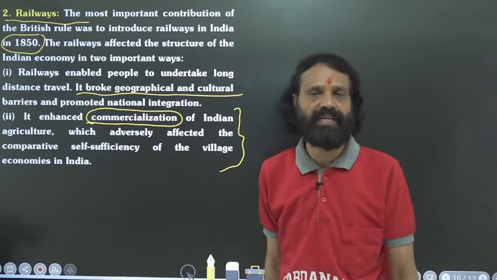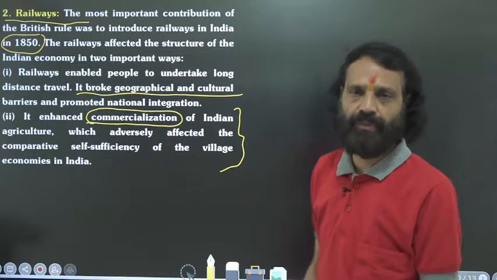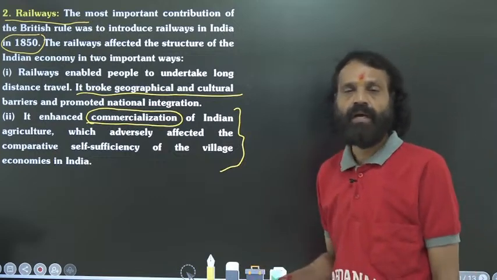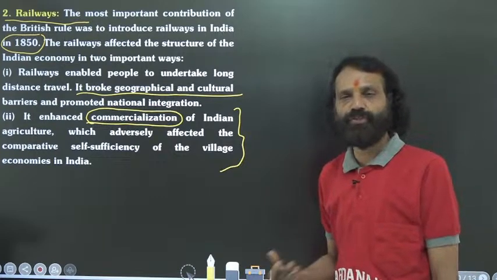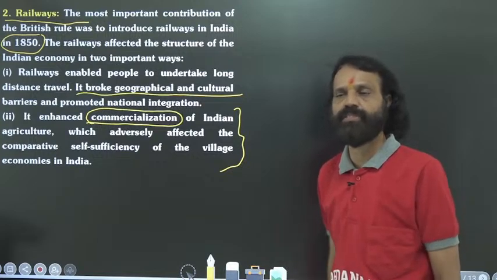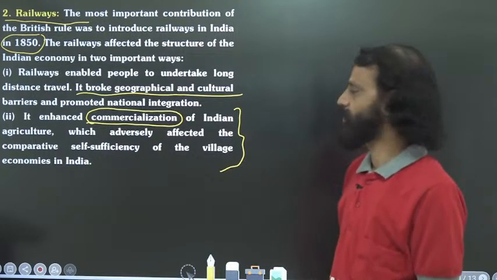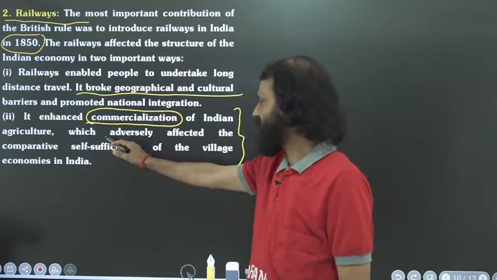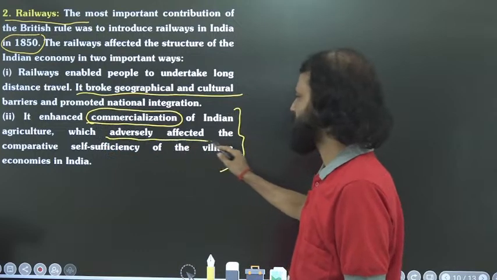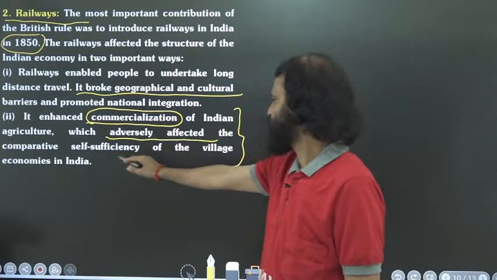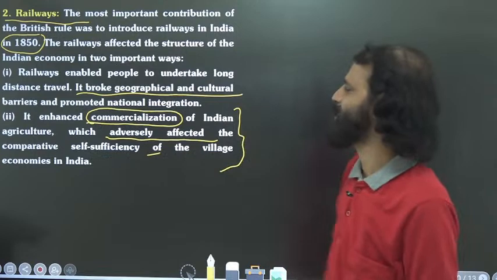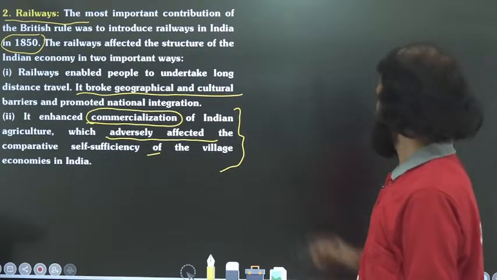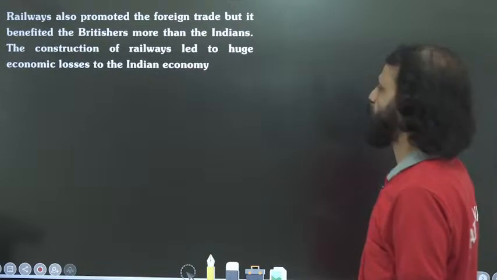Once they started Indian Railway, the Britishers could collect India's raw materials and cash crops from far places to Britain. They could collect because the railway line was there. So the coming of the railway adversely affected the comparative self-sufficiency of the village economies in India. That is what happened. So I hope you understood all these points.